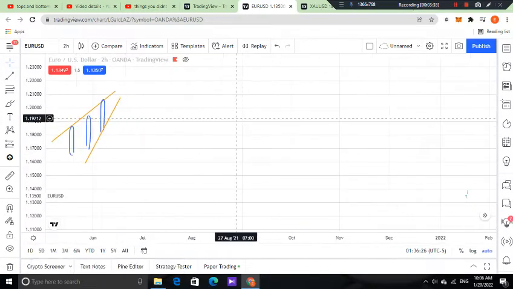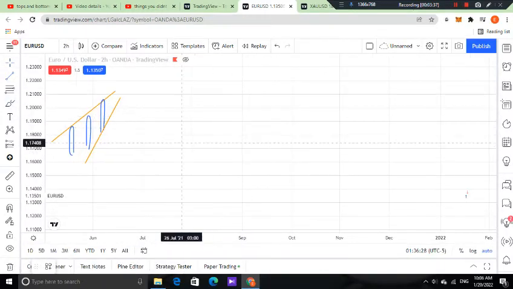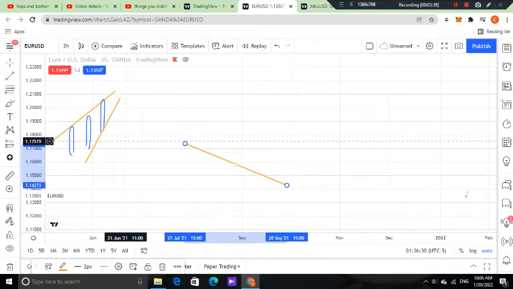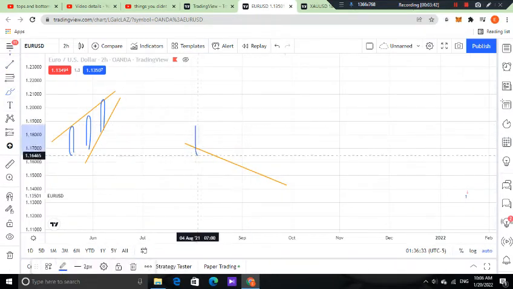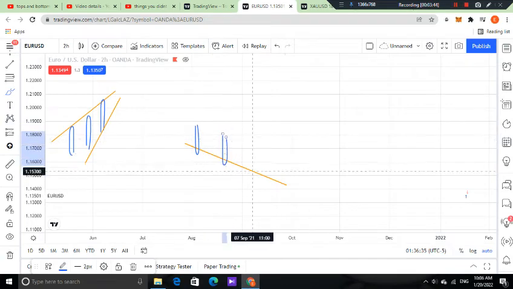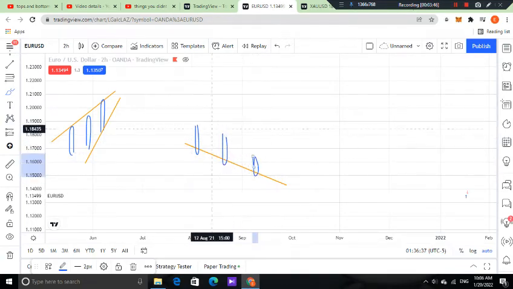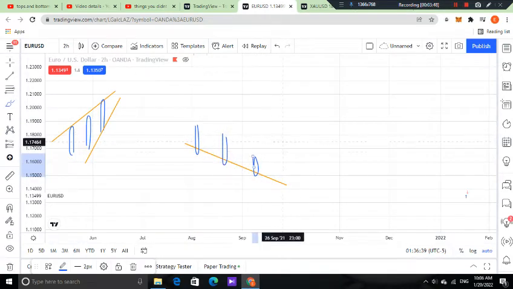It's important, but in a wedge bottom, you need 3 pushes down. First one, second one, and the third one. Then you can consider it as a wedge.